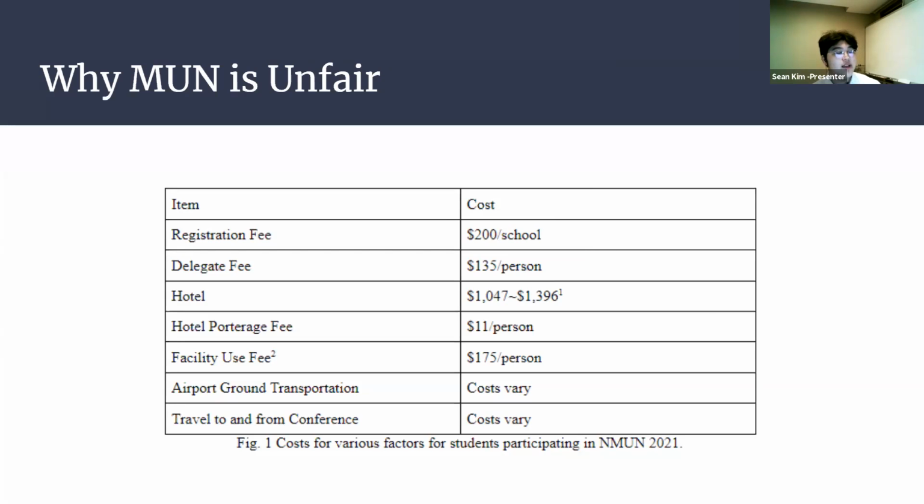And a delegate fee is $135 per person. And the hotel for even a couple days costs more than $1,000. And because of these various costs, we can see that participation in MUN conferences is very costly. And this is only a glimpse of the costs that we are looking at.